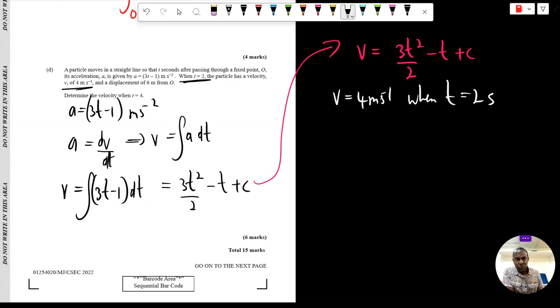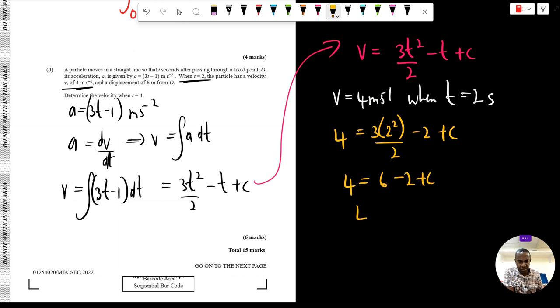Okay, let's do that. So we therefore now say that 4, and we could leave off the units, 4 is equal to 3 times 2 squared over 2 minus 2 plus c. So 4 is equal to, now 2 squared, that's 4. 4 times 3 is 12. 12 divided by 2, that's 6. So 4 equals 6 minus 2 plus c. 4 equals 4 plus c. And this obviously tells us that c is equal to 0.